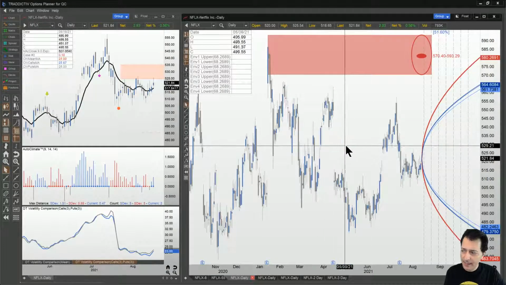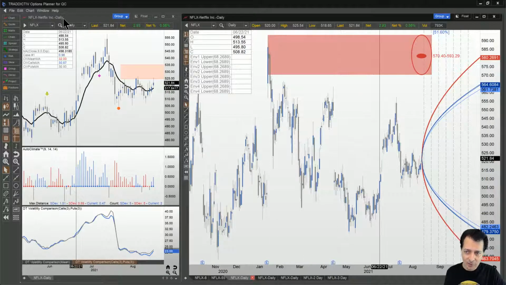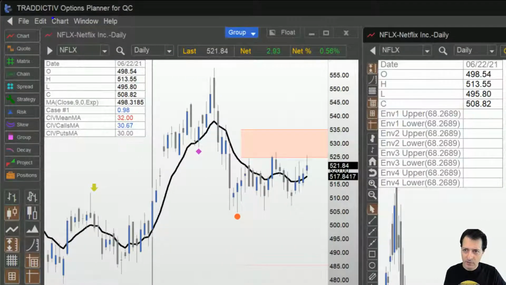And the applications that we use are data dependent, and each platform will provide you with different data, okay? And by the way, I'm using right now Top for QC, which is a market data provider. If instead of Top for QC, I load Top for TradeStation, the market data is slightly different.